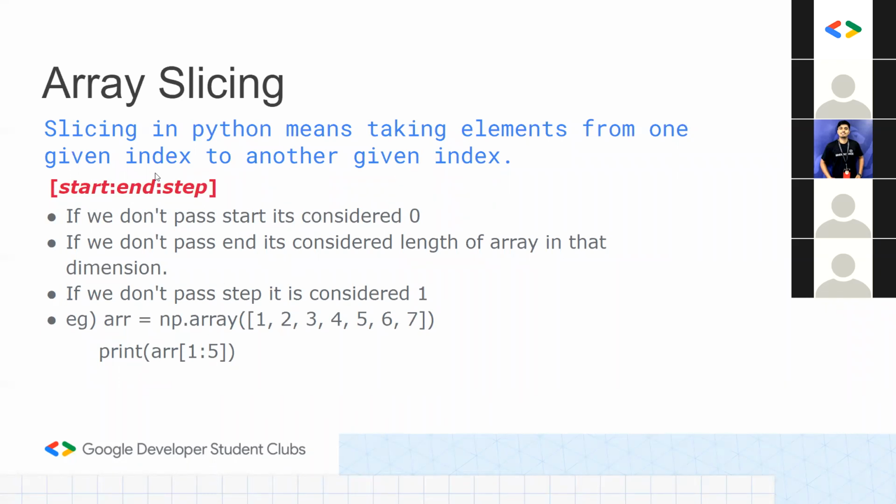And if we don't specify step, it is taken as 1 by default, which means that, let's consider this example where we have an array and there's a list. If we have a step of 1, it would essentially print all the elements present in the array. If we take a step of 2, then it will skip 1 and then print. So it'll print 1, 3, 5, and so on. Now let's test this out.